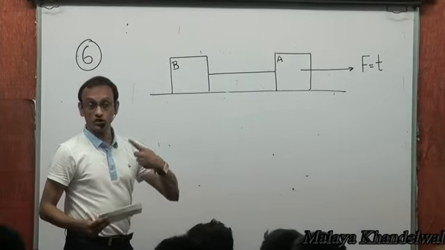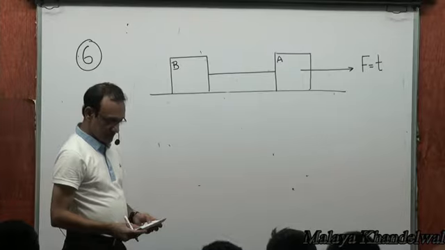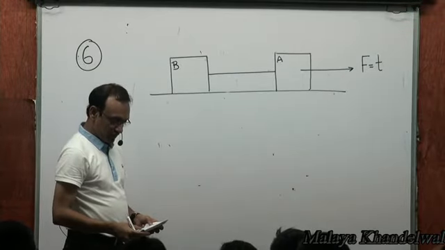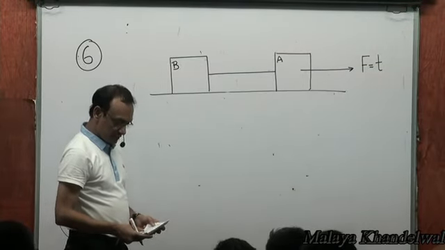Starting from t equal to 0, this force gradually grows. Now, we want to find the graph that obtains the frictional force between A and the horizontal surface. We want to find how frictional force between A and the horizontal surface varies as a function of time.